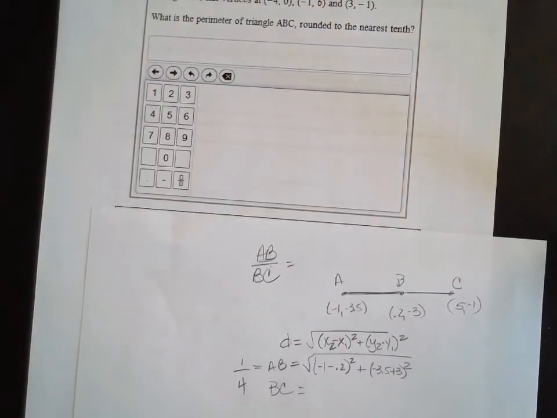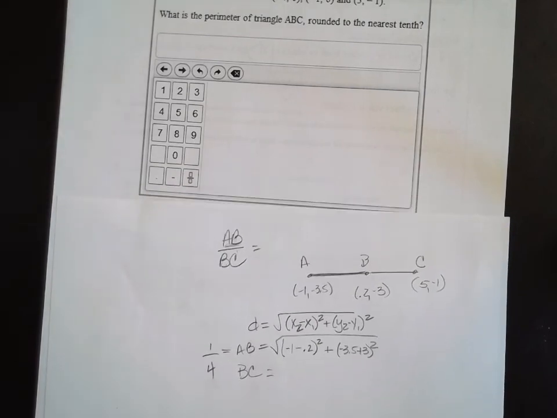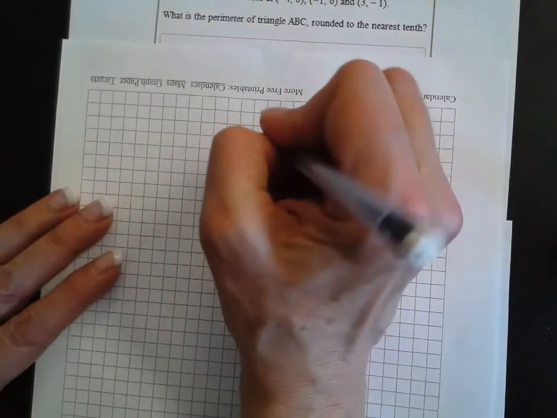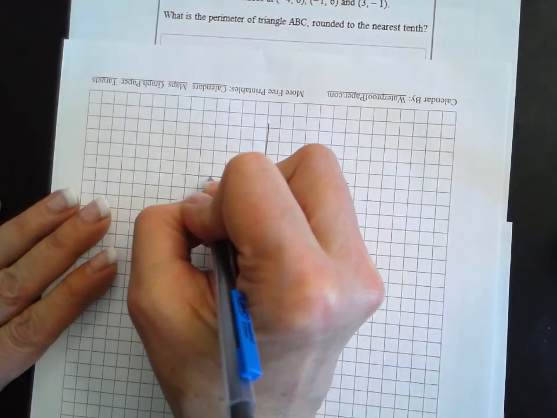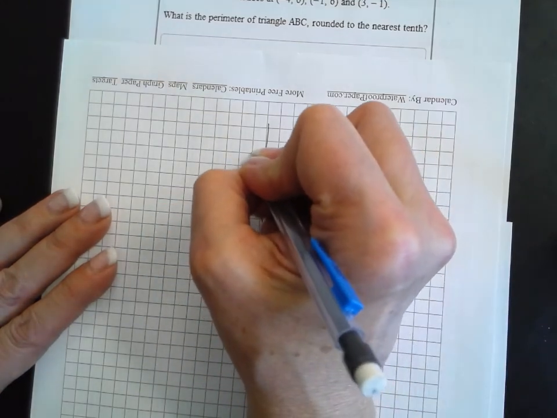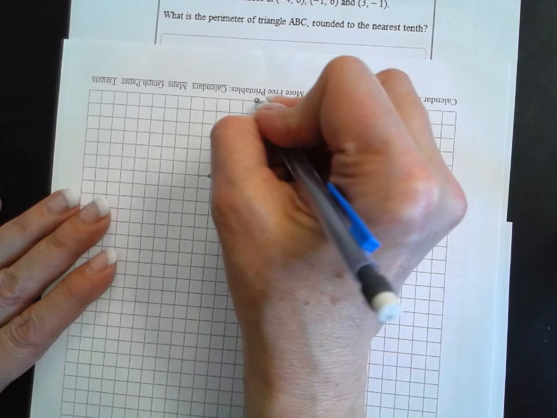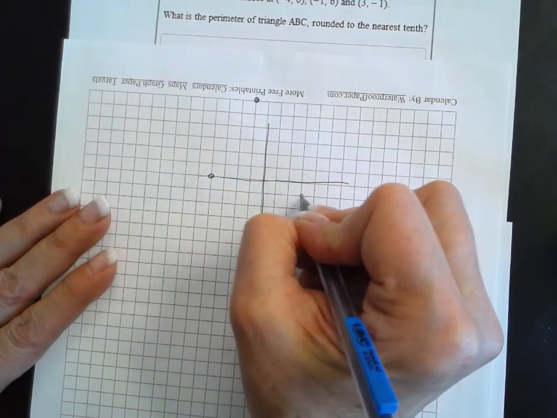All right. 17. Triangle ABC has vertices. What's the easiest way? Find the perimeter of the triangle. Plot it. Look at what you got going on. So if I go -2, 3, 4, 0, -1, and 1, 2, 3, 4, 5, 6, and then I'm at 1, 2, 3, -1.